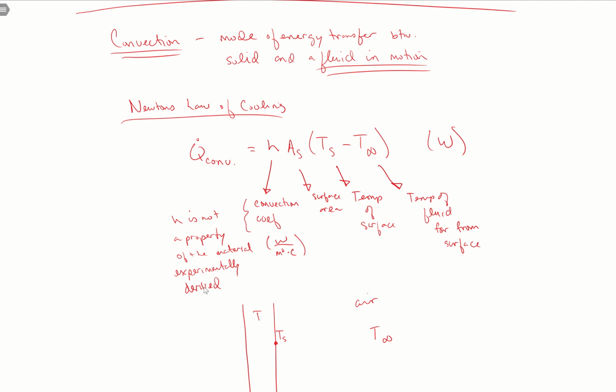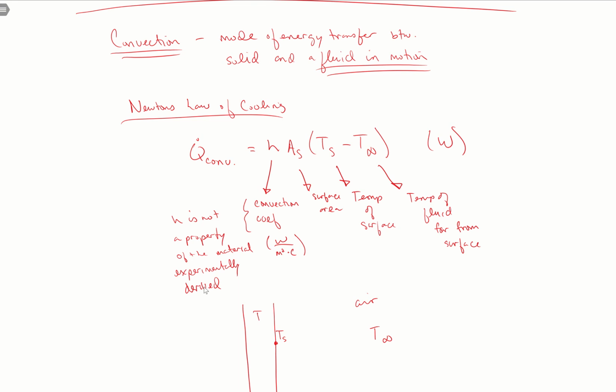So you can think of a solid wall with air blowing next to the wall, and let's say the wall is hot and the air is cool. The cool air blowing next to the wall is going to take energy via convection outside of the wall, or energy will be transferred from the hotter wall to the air via convection.